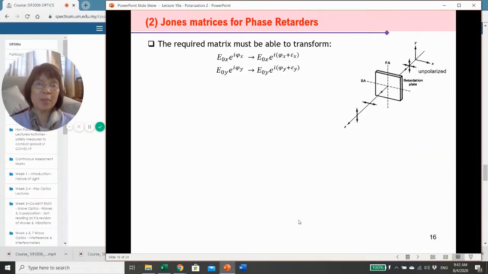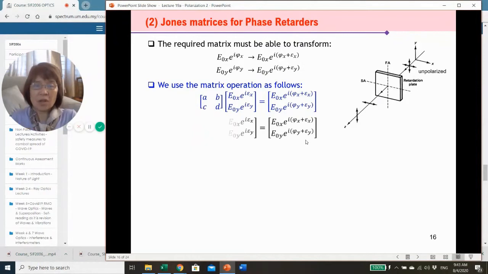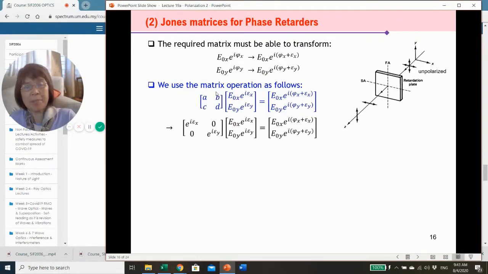Jones matrix representing the phase retarder. The required matrix must be able to transform the light by adding an additional phase epsilon x for the x component, and for the y component epsilon y. We operate the ABCD matrix onto this so that we get this form, whereby we have already introduced a phase. If you work it backwards, you'll find that this matrix will have to have this form.